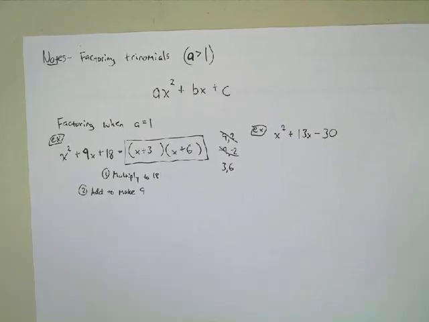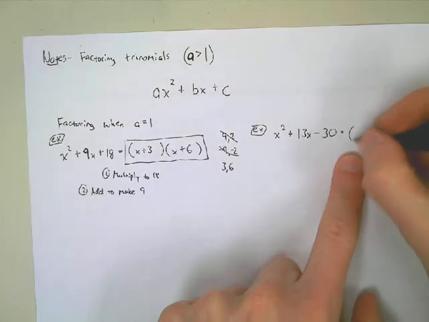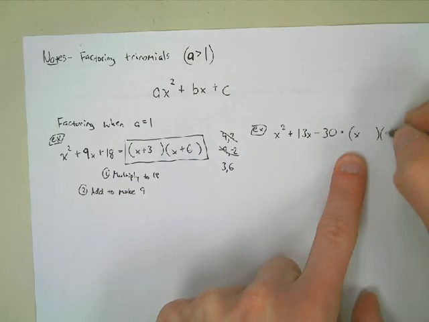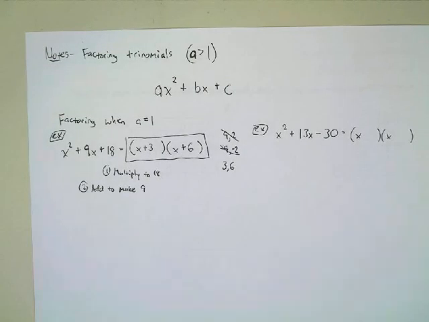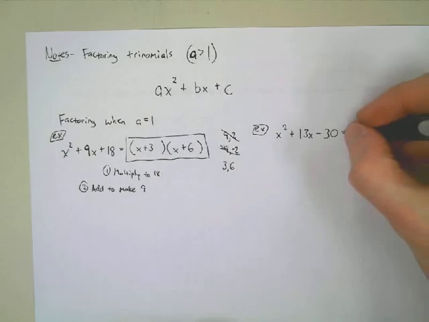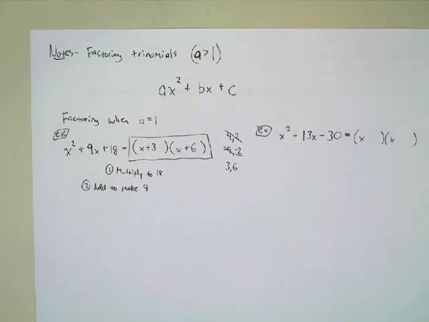Well, careful, not positive 30. We had negative 30. We need to multiply to make negative 30, and they should add to make what? Yeah, 13. So we want to multiply to negative 30 and add to make 13.